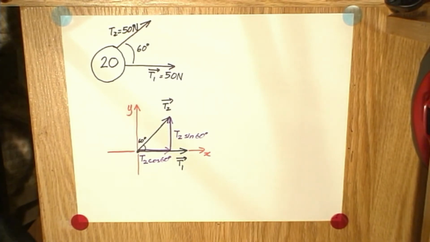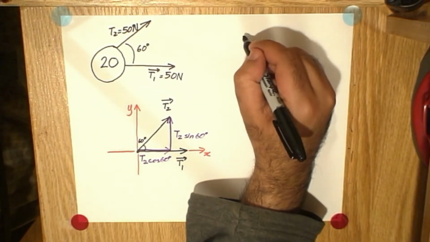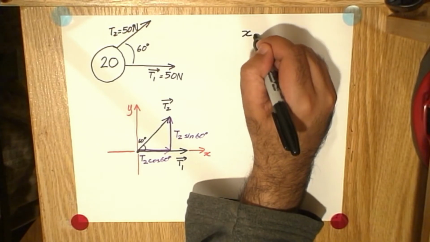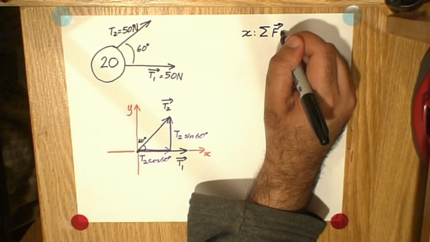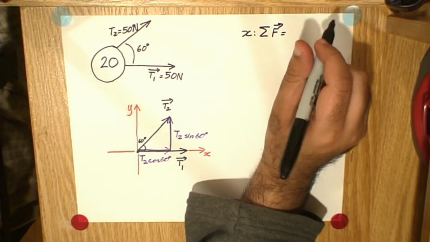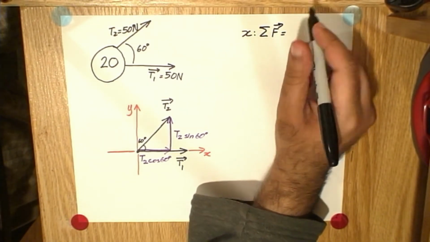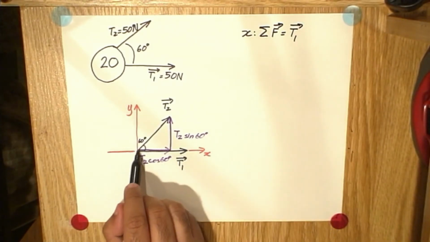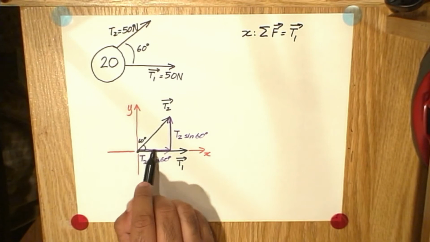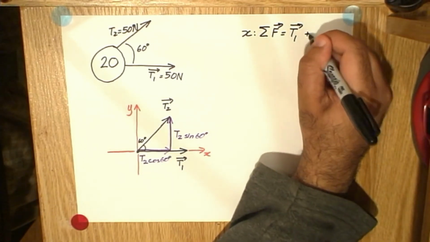Let's take a look at what's happening in the x direction. The total force in the x direction is composed of two different forces. There's T1, which is pointed rightwards, and there's T2 cos 60 degrees, which is also pointed rightwards.